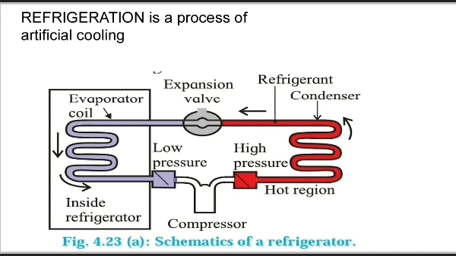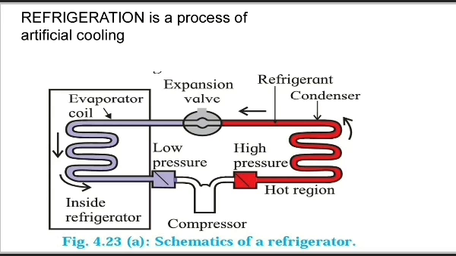Just as when you use a fire extinguisher, you open the valve and the gas moves out and cools down. In a similar way, the gas from the expansion valve moves from a higher pressure region to a lower pressure region, so it cools down, and this cool gas is moved inside the coil, inside the refrigerator.